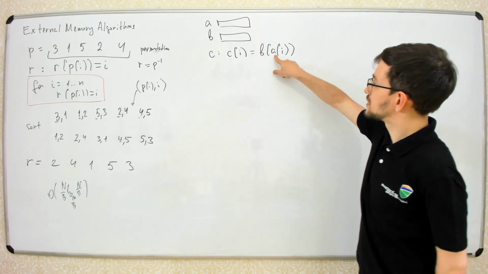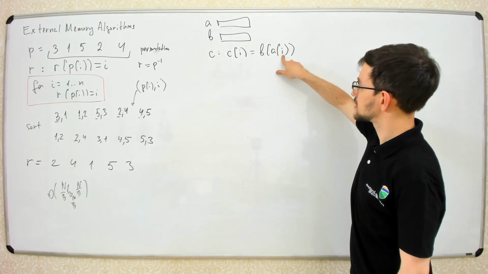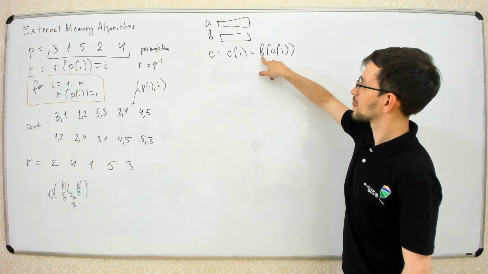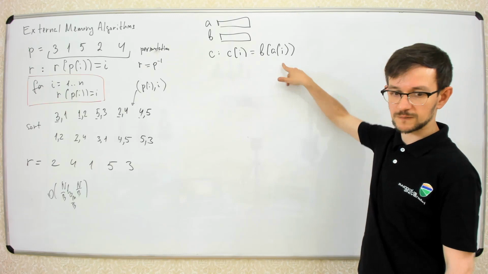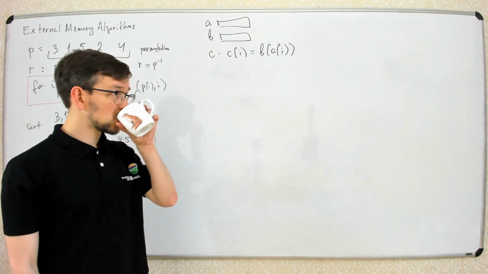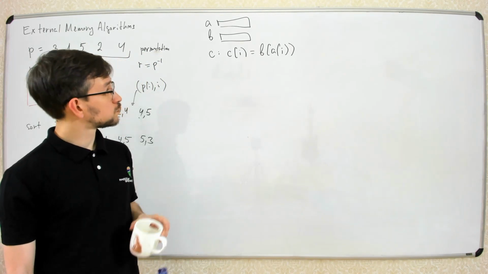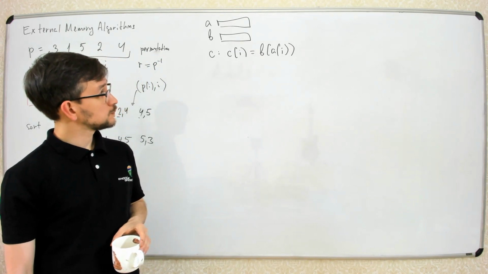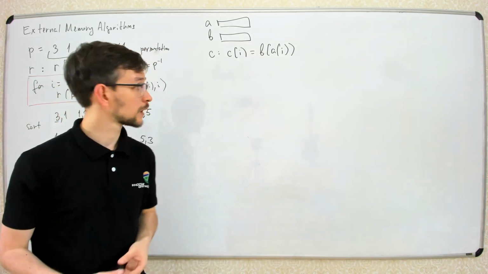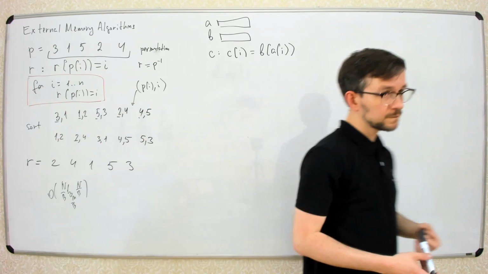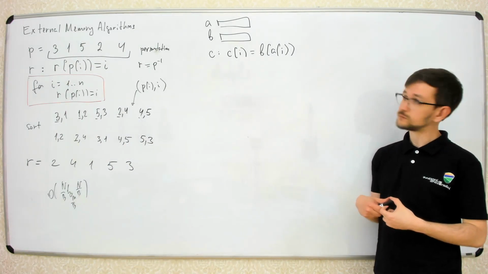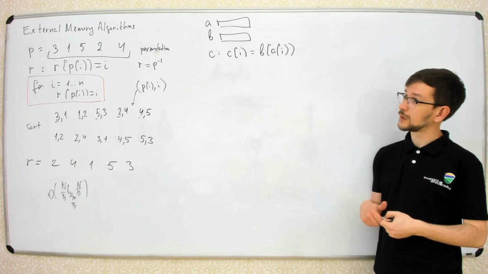Again, I want to use these elements of array A as indexes in array B. So C of i is the element of array B with index A of i. How to do it?